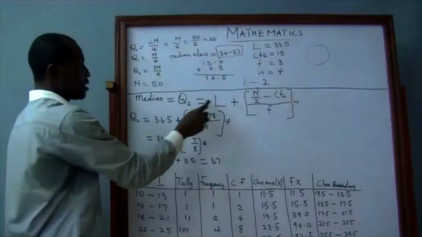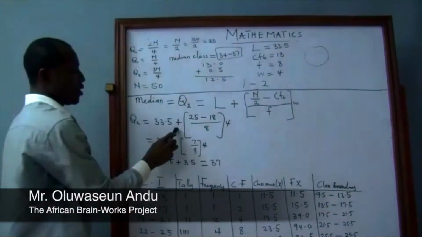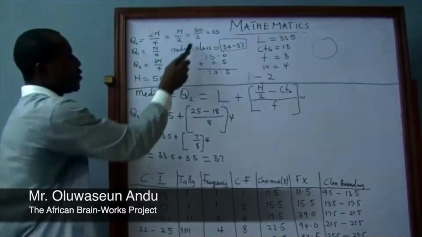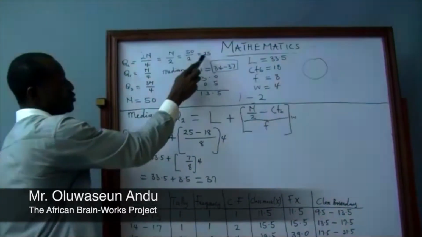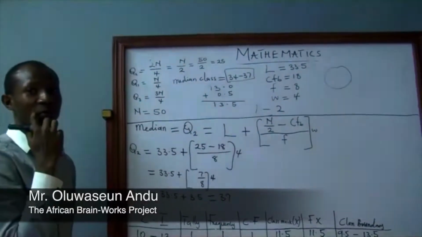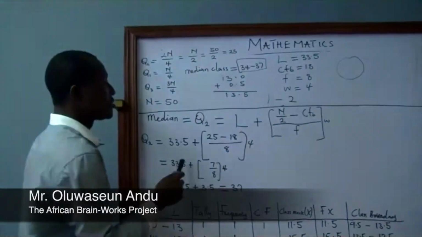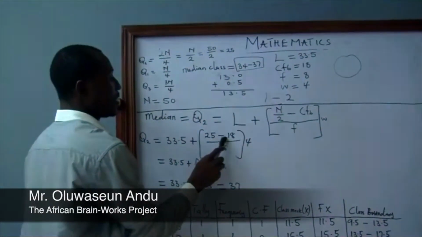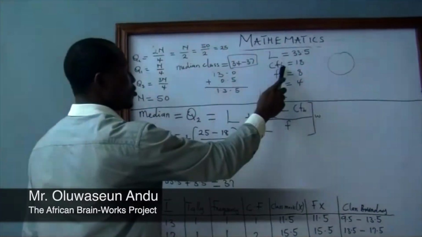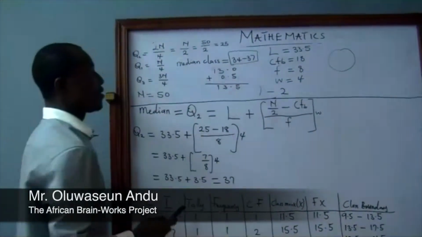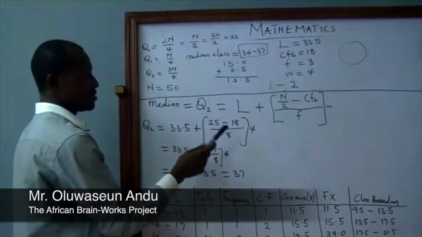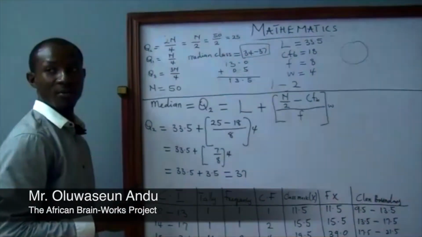So I fixed 33.5 for L, plus n over 2, which is 50 divided by 2. That's 25. And that gives us 25 minus the cumulative frequency before the median class, 18. And that's how I got my 18 here.